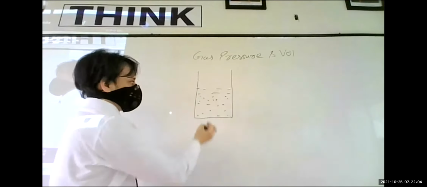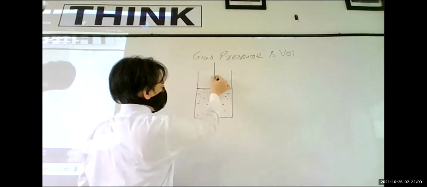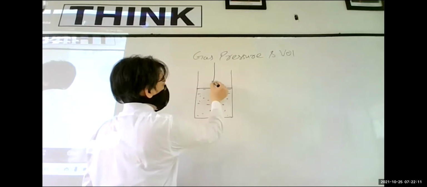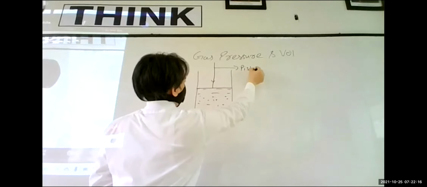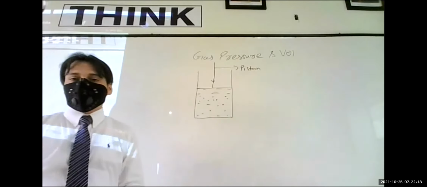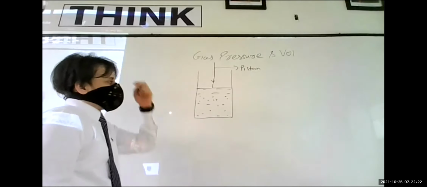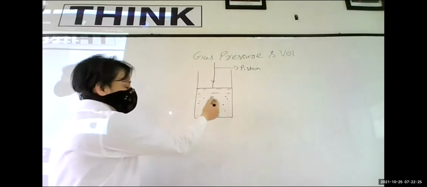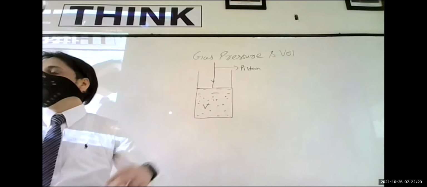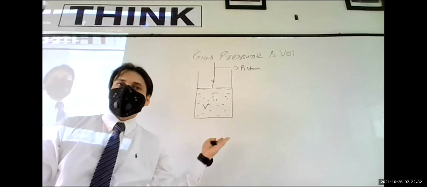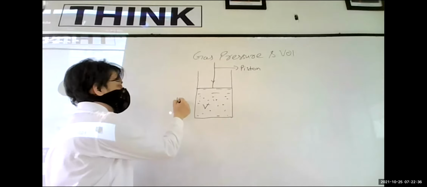I have connected a piston, a movable frictionless piston. This is a movable piston. And suppose this gas has some volume V, and this gas is filled in this container at a certain pressure. And what is that pressure? The pressure is P.